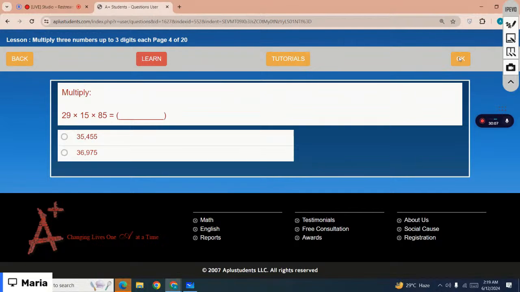Multiply 29 times 15 times 85. So which is the correct option?